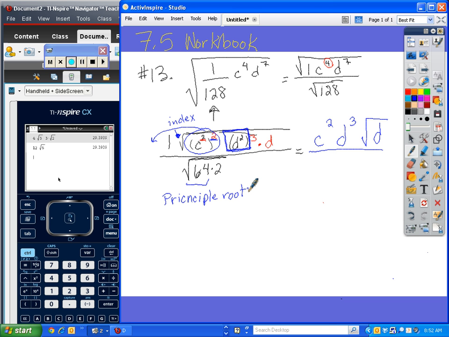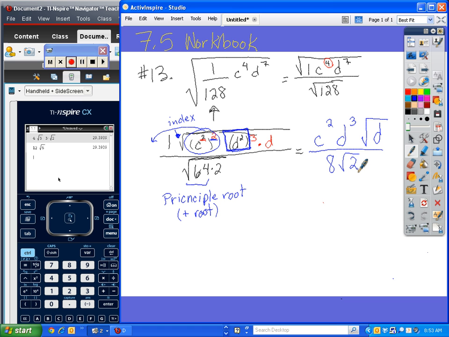Plus or minus 8. That's different. So give me the definition of the principal root now. Go ahead, Tatiana. It's the positive root. So when we do these problems that are tucked inside of other problems, we always take the principal root. So the square root of 64 is 8, and I'm left with the square root of 2.